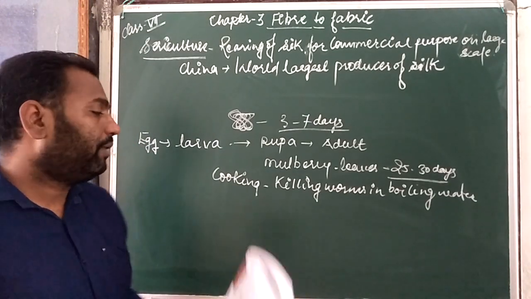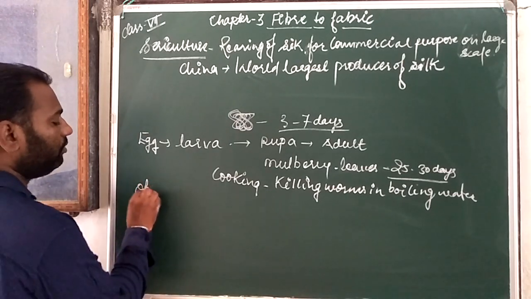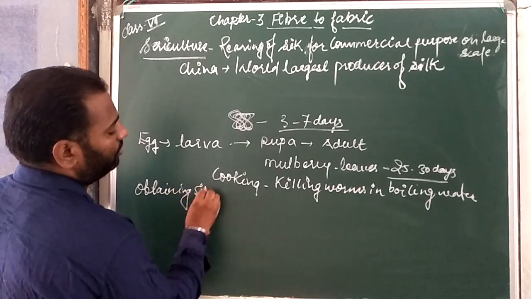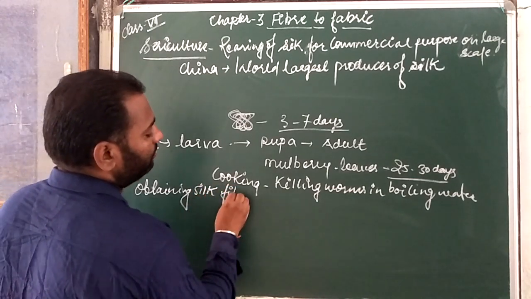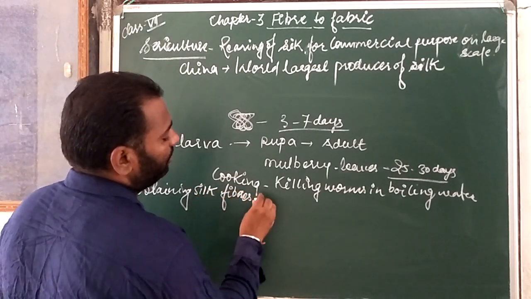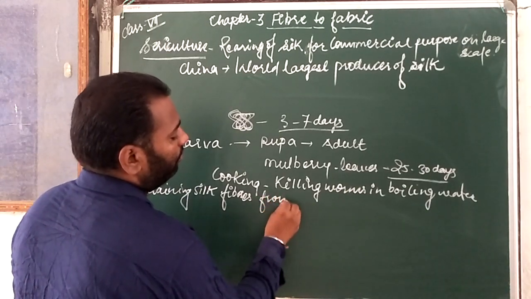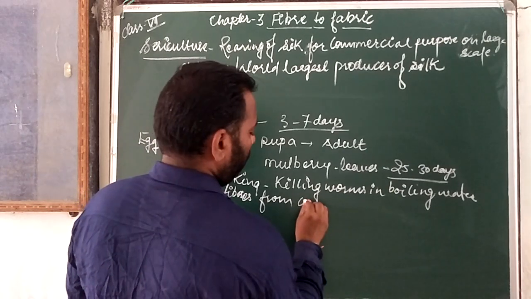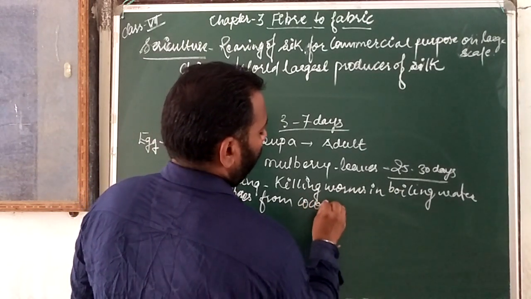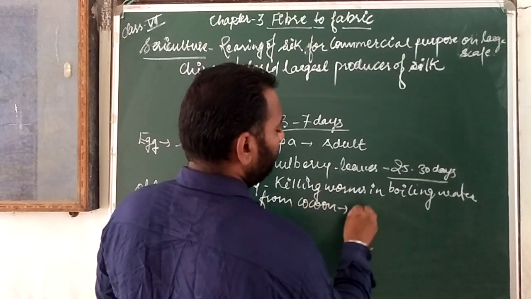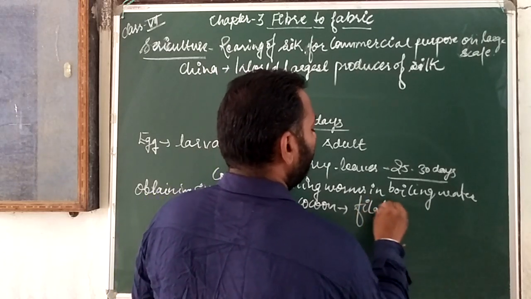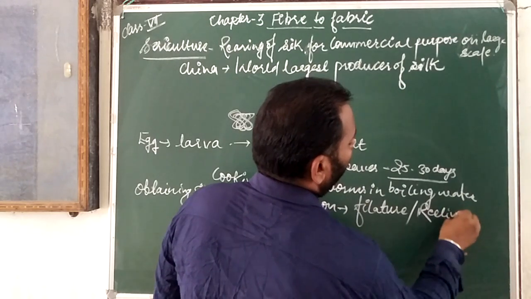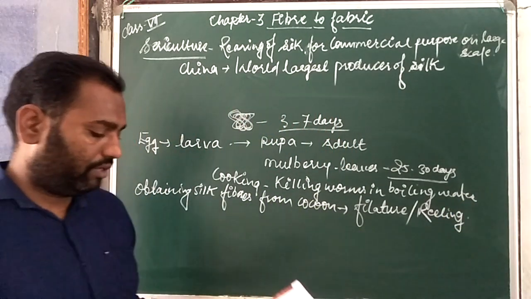It means obtaining silk fibers from cocoons is known as filature or reeling.